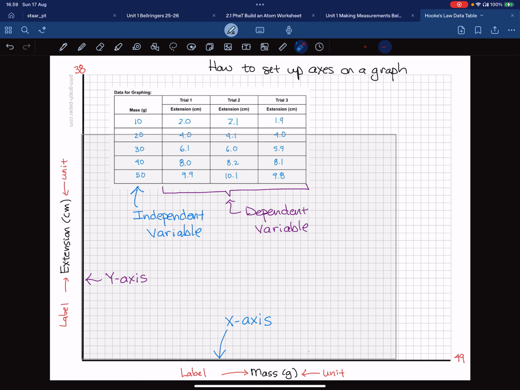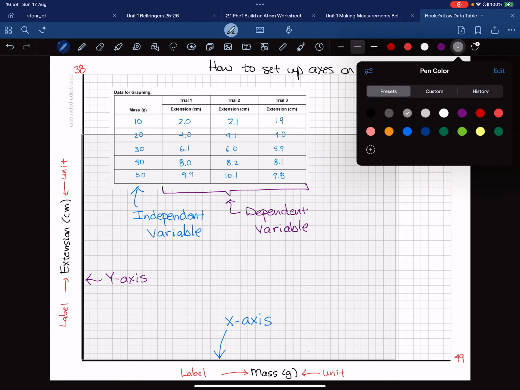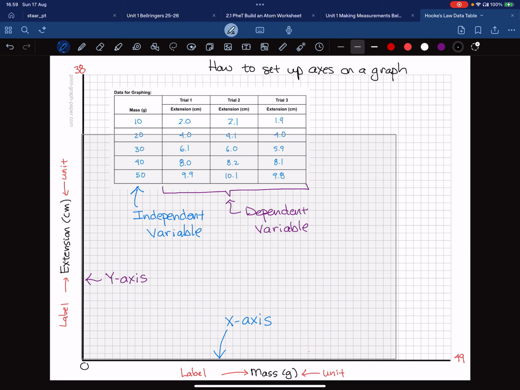So rather than getting all bogged down with how you convert 50 into 49, I'm going to start at 0, because that was what I had with no extension. And so what I'm going to have down here is a 0 to 10, a 10 to 20, a 20 to 30, a 30 to 40, and a 40 to 50.